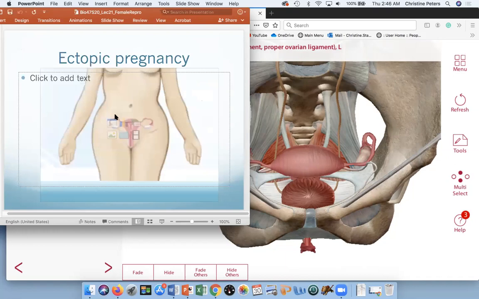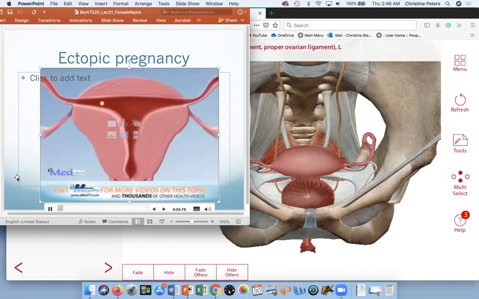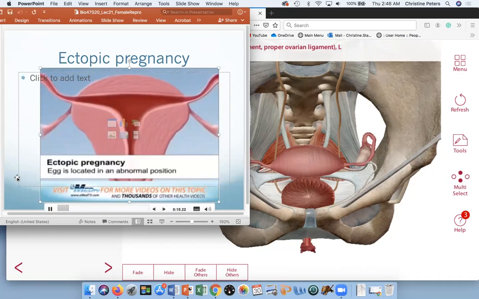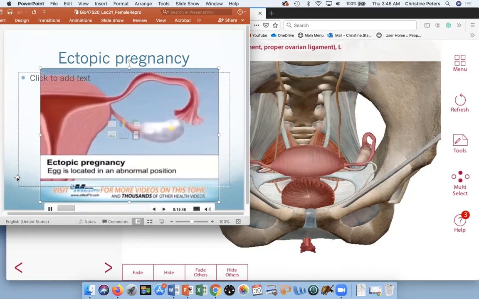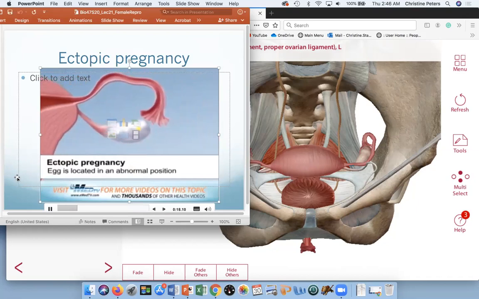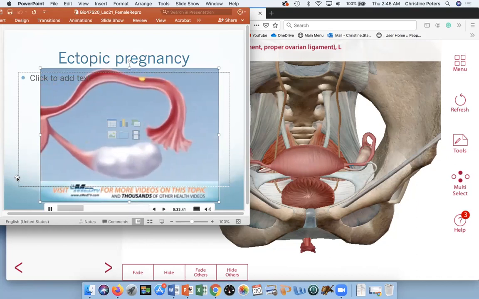All right, so this is a little clip on ectopic pregnancies. Normally, a fertilized egg implants in the uterus. But if the fertilized egg implants somewhere other than the uterus, the pregnancy is said to be ectopic, which means located in an abnormal position. When an ectopic pregnancy occurs, the fertilized egg usually implants in one of the fallopian tubes. Because the fallopian tube is narrow and its walls are thin, the pregnancy only has to be about the size of a jelly bean before the fallopian tube bursts, causing major bleeding.